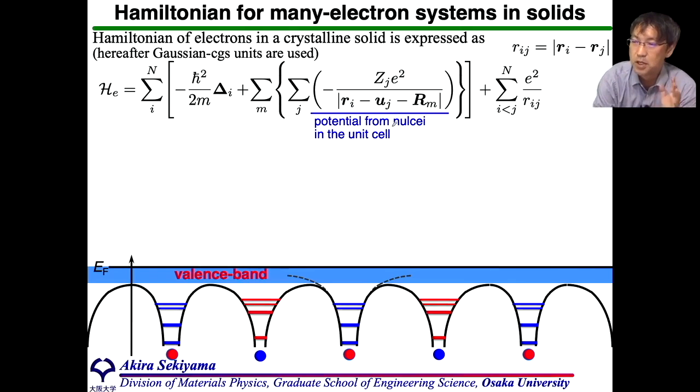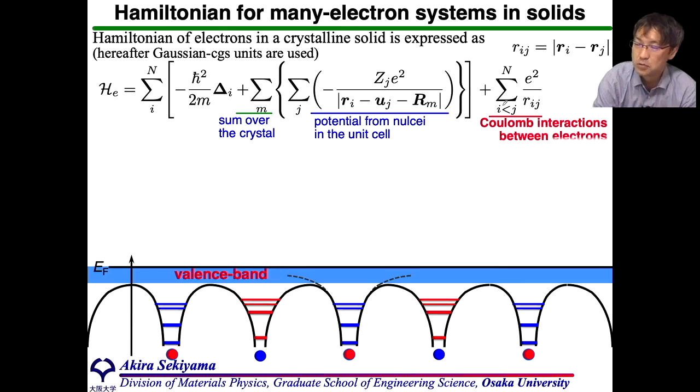This is the potential from nuclei in the unit cell, and we need to sum over the crystal for the potential. Furthermore, we need to consider the Coulomb interaction between electrons.